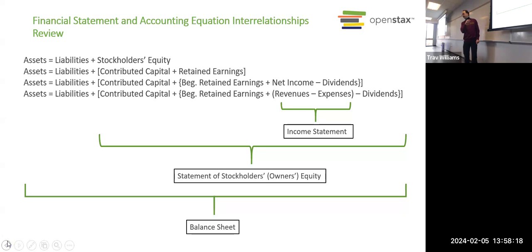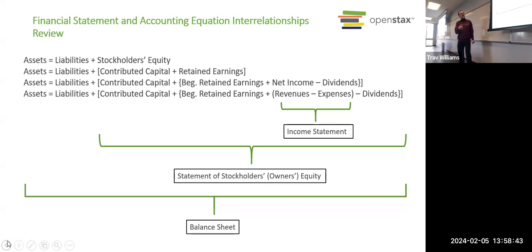Here's the accounting equation again: assets equals liabilities plus all these different equity accounts. We have the contributed capital, that is the stock from the investors based on whatever they contributed to the company. We have beginning retained earnings, that's how much profit the company had at the beginning of the period.